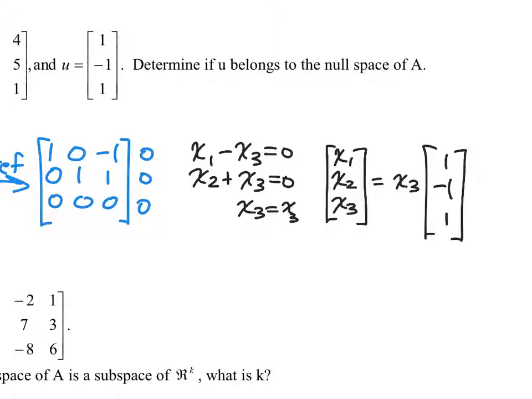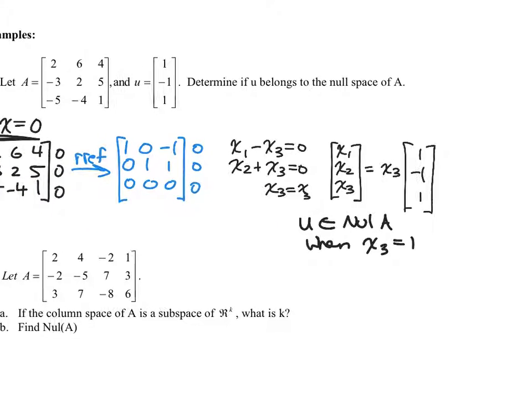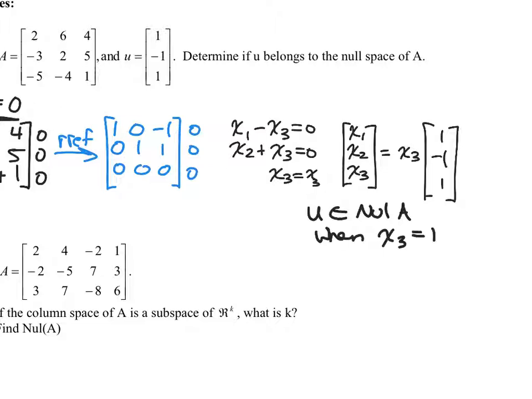So we could say that U is in the null space of A when x3 is equal to 1. All right. Not always going to be that easy, but never going to be that hard.